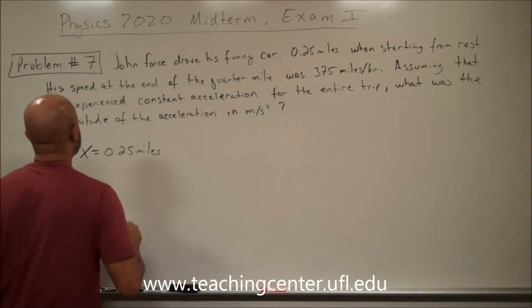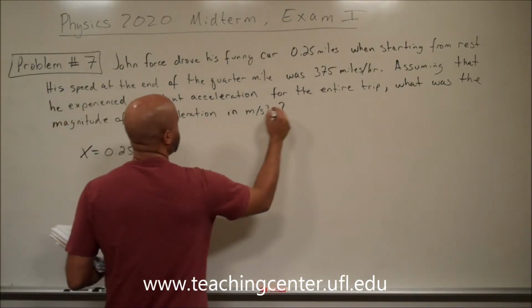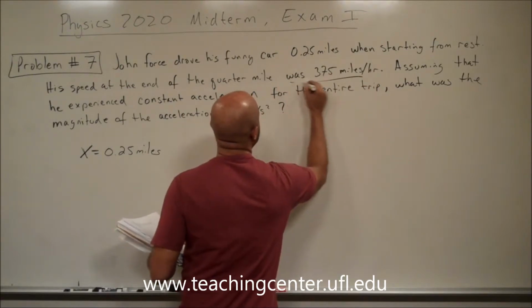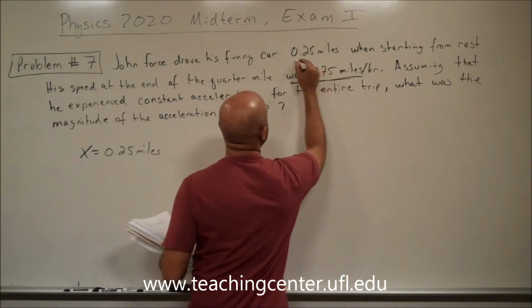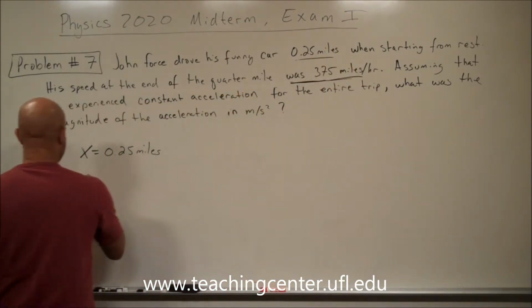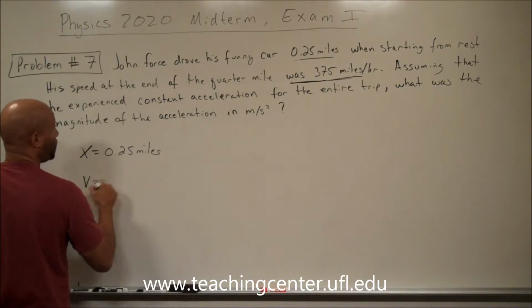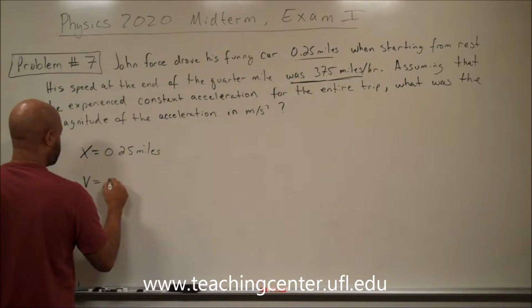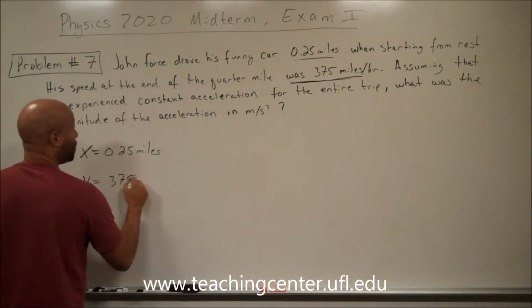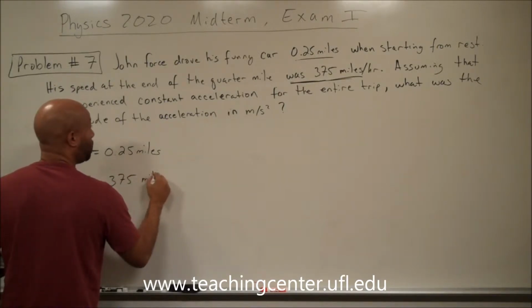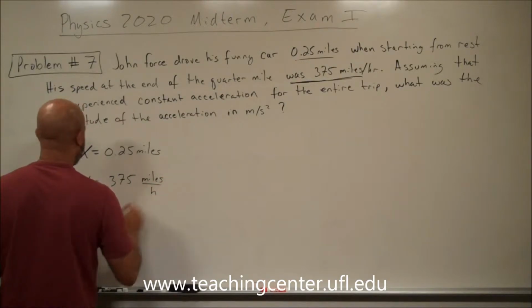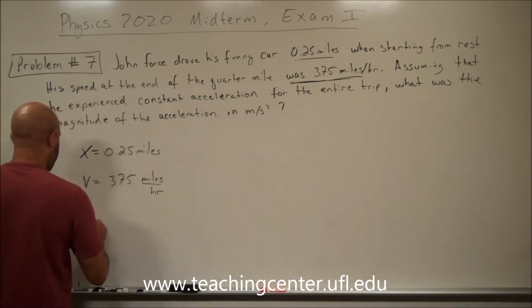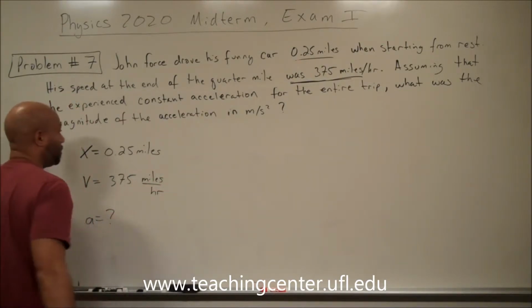We also know that he's traveling at a speed of 375 miles per hour, so his final velocity, because his speed at the end of the quarter mile, was 375 miles per hour, and we're trying to find the acceleration.